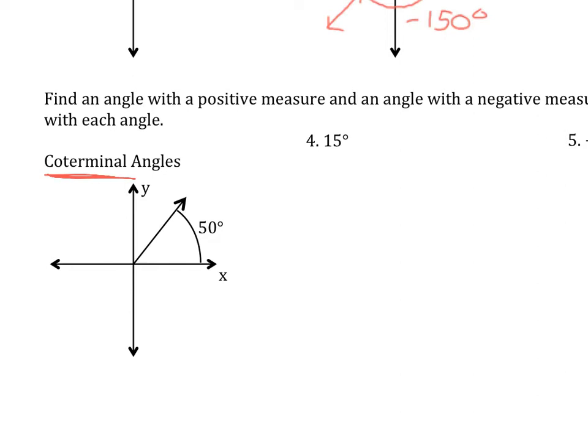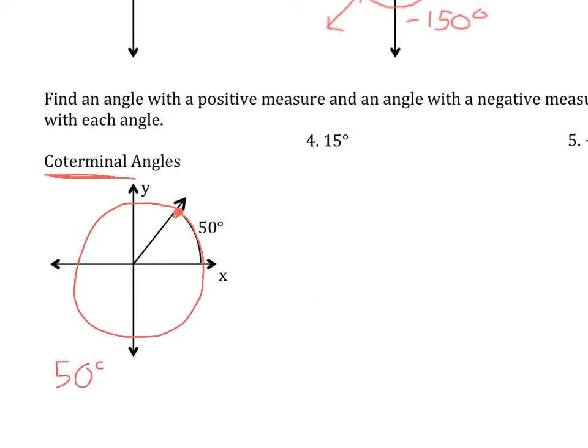So for example, this 50-degree angle, let's say we're here and we decide to run one lap around the track. So if you're at this spot and you decide to go 360 degrees around, you would end up in the same spot.